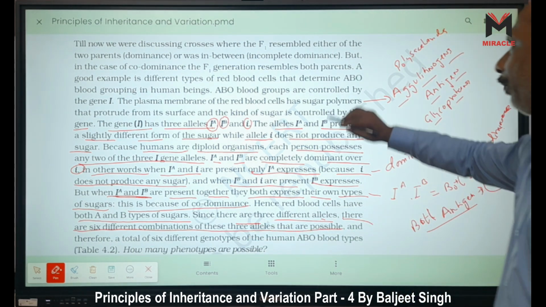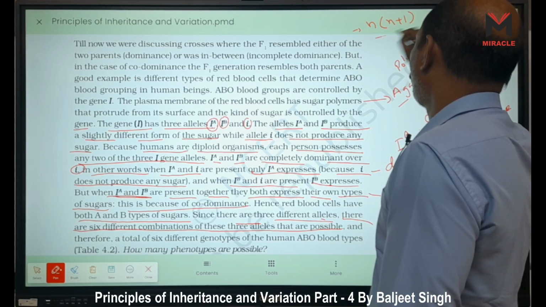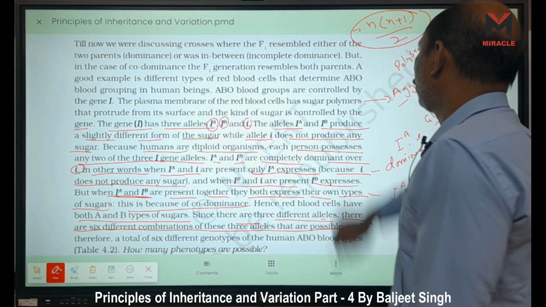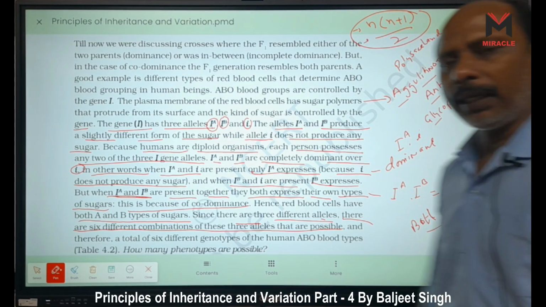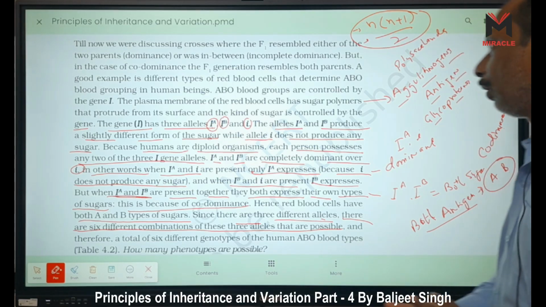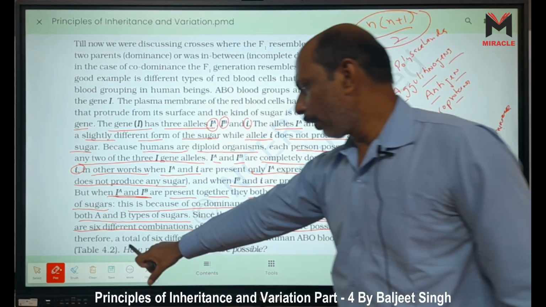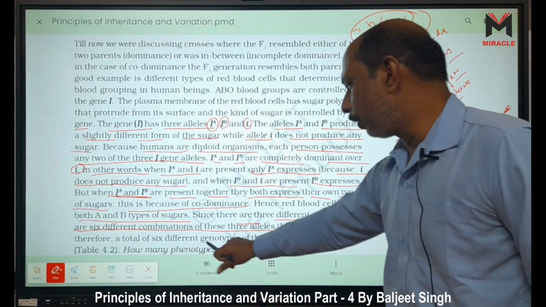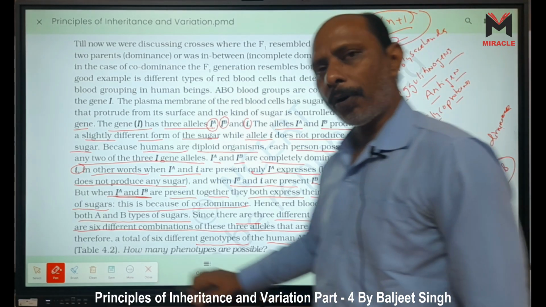Which formula do we use? n(n+1)/2, right? When we put in the number of alleles by this formula, we get how many combinations are possible, and therefore a total of 6 different genotypes of the human ABO blood types are possible.